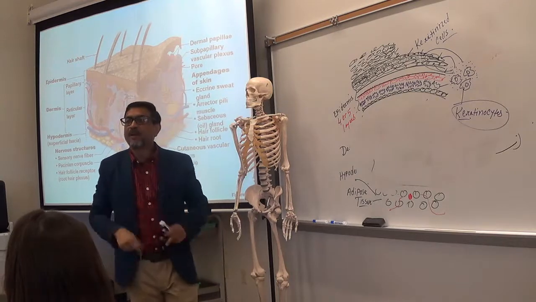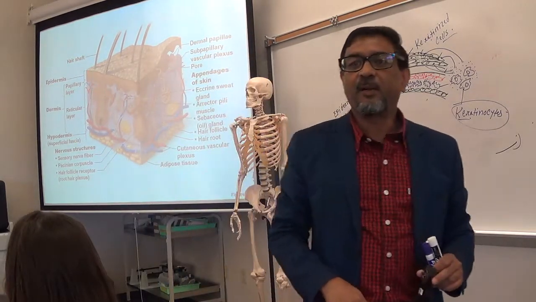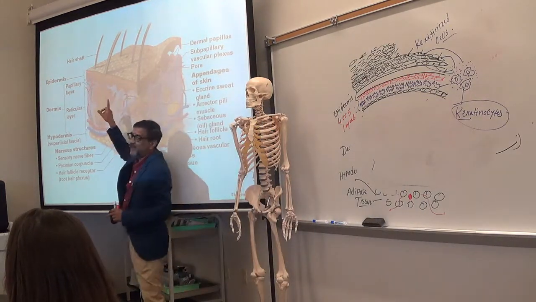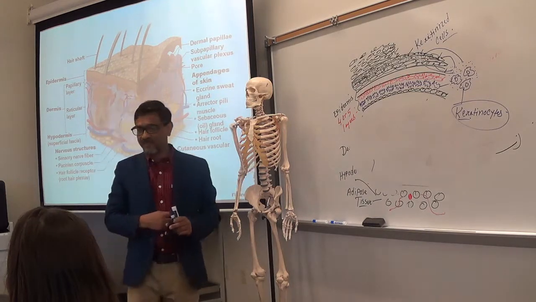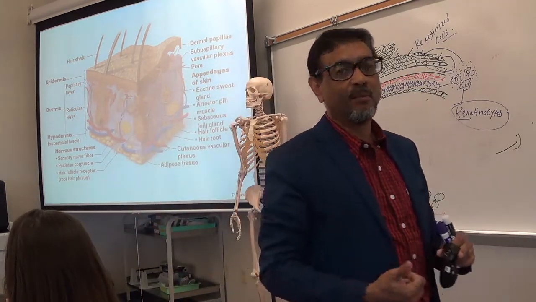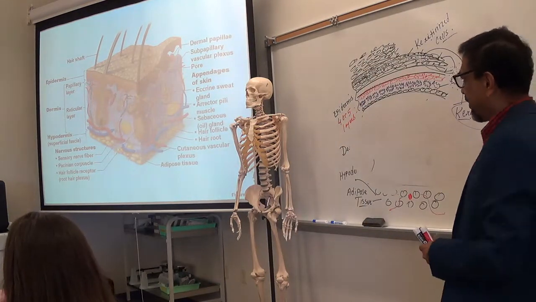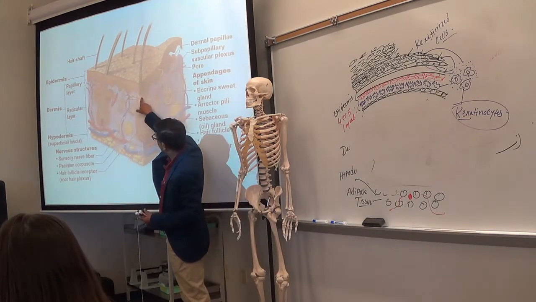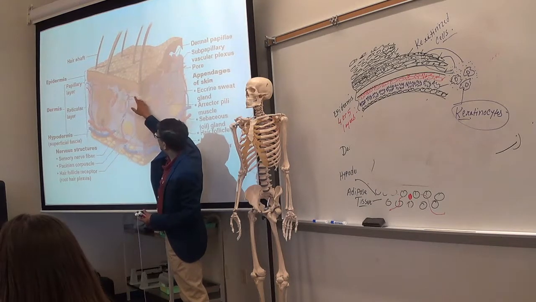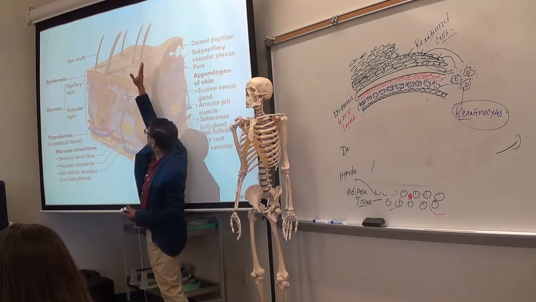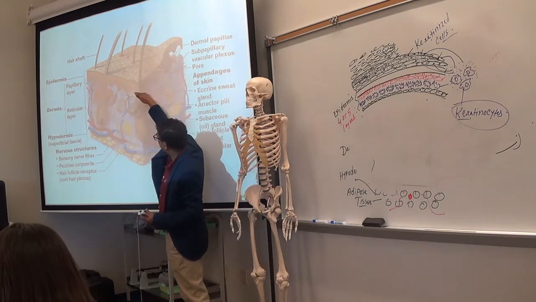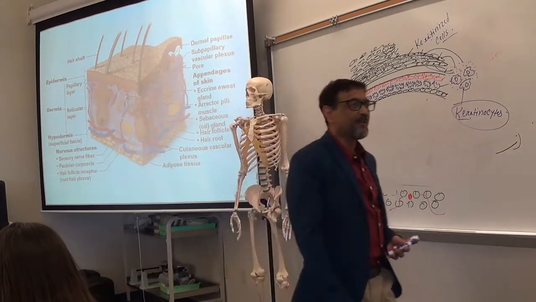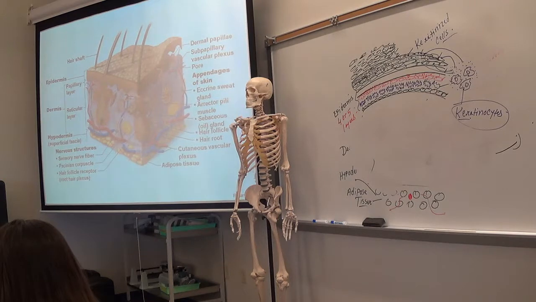Deep touch. You have blood vessels. You have nerves, as well as tiny muscles. Those are called what? Erector pili muscles, right? As well as hair root. This is the hair follicle. Okay. So only the shaft part of hair is exposed to the outside. Hair follicle, hair root are inside the dermis. So you see, most of the skin structures are located in the dermis.